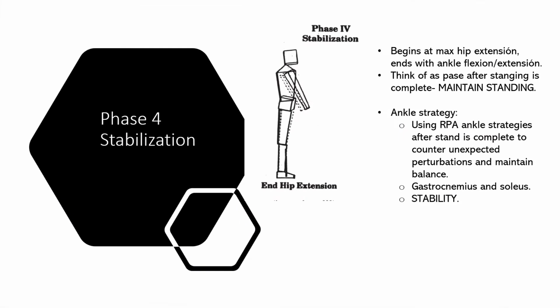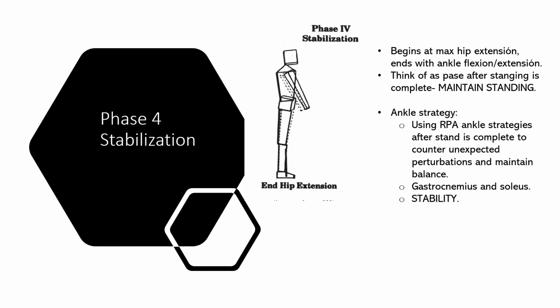In the extension phase, as you're going from the squatted down position to the fully erect posture, your center of gravity is shifting anteriorly a little bit, so you have a little forward momentum. If nothing else happened, that may cause you to fall forward and do a face plant, so we have to use what is called an ankle strategy.